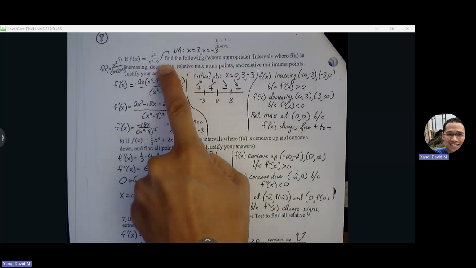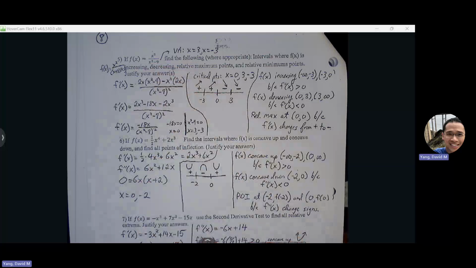When would there be a time where there's a fraction that wouldn't have to use quotient rule? Good question. If it looked like this. Oh, because you can cancel out the x. What is it about this that allows us to avoid quotient rule? See if you can discover it.